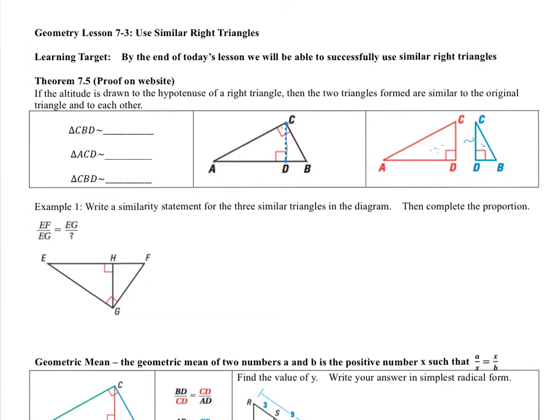So let me say this one more time. Triangle CBD is going to be similar to triangle ABC. And triangle ACD is also going to be similar to triangle ABC.